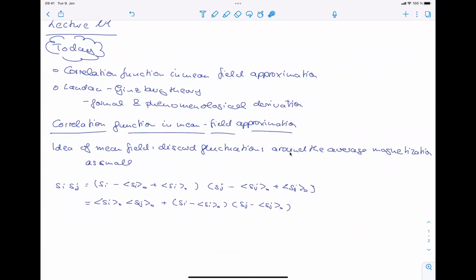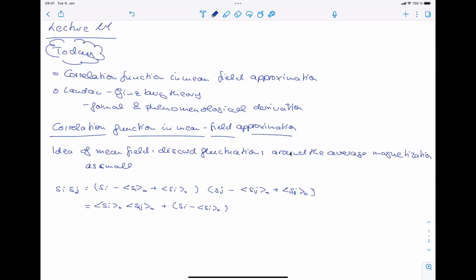Sorry, let me write this in a different form. I want to split up the individual fluctuations. So this is the fluctuations of i, and I'm multiplying them. So I have this times this, that's this term. Now I'm taking this times the mean of j, and now this times this, so that's S_j minus its average times the average of S_i. And now I'm missing the product of those two.